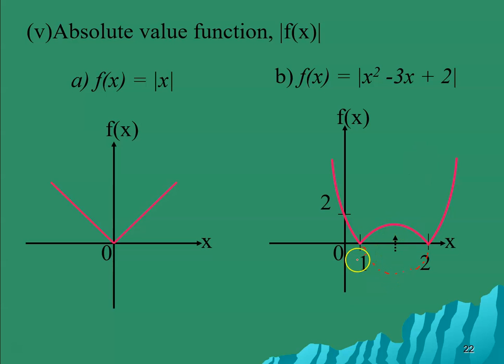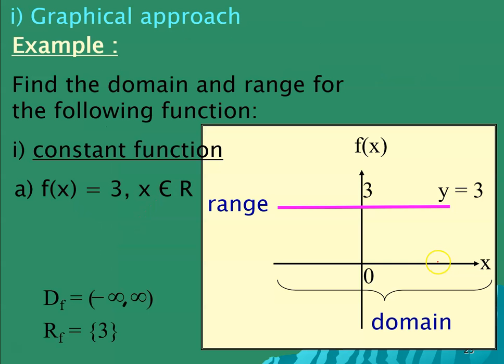So you will have like this. Asalnya dia macam ni, yang garis putus-putus ni. But then, because of the modulus sign over here, or the absolute value, you will have to reflect this curve upwards. So semuanya, everything will be above the x-axis.